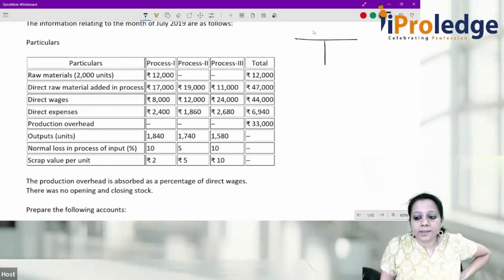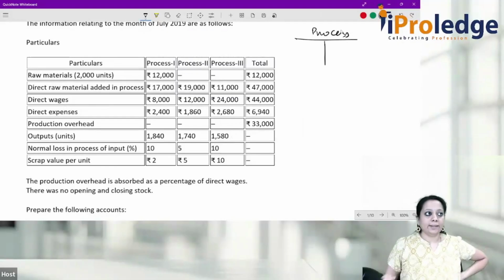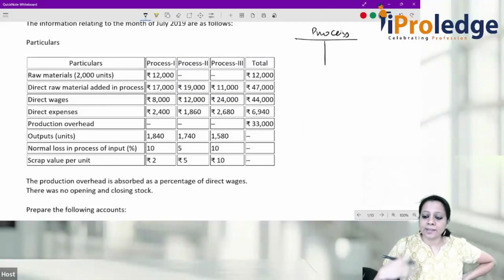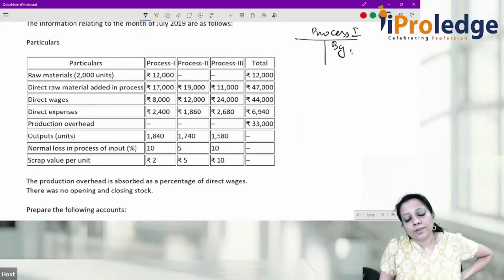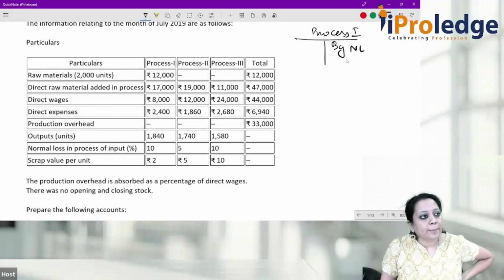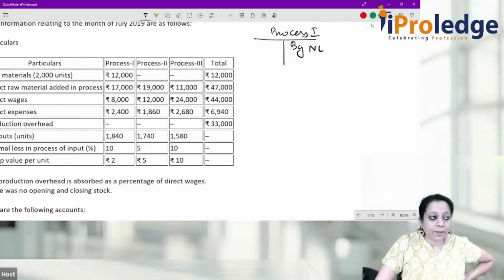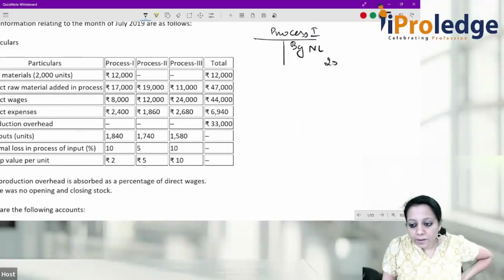In process one, this we have done in marathon 3, day 3. Those of them who are seeing the video of 4 directly, for them I'm saying marathon 3 we have done this. So process 1, by normal loss, how much was it? 200, 2 and 400.